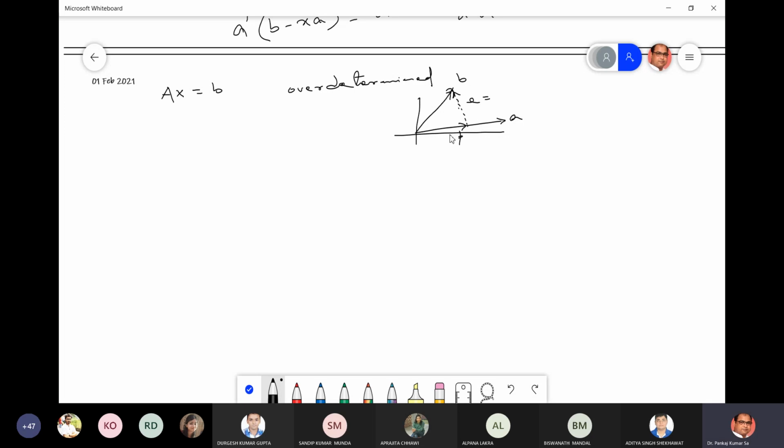And in vector notation, p plus e is equal to b, or e is equal to b minus p. That is what we did on that day, that previous diagram that I showed you.